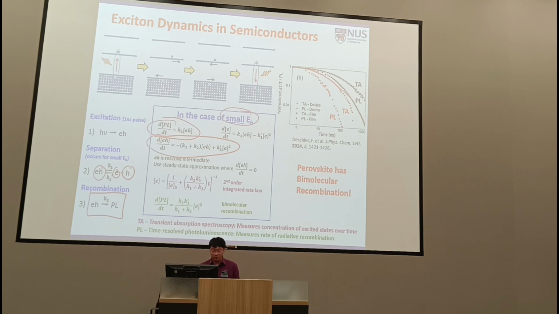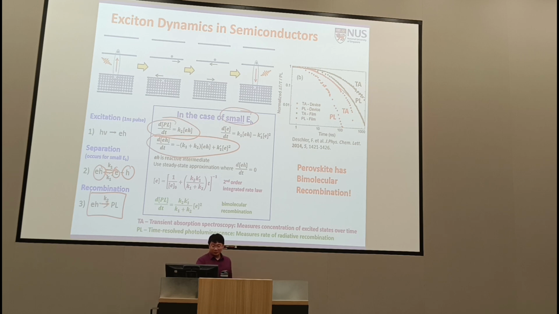So that's basically a backward reaction. The exciton can be destroyed in a forward reaction, forming free electrons and holes. And the exciton can also be destroyed by forming PL.